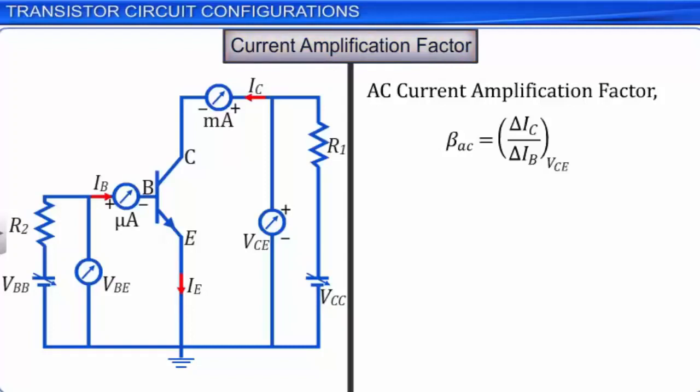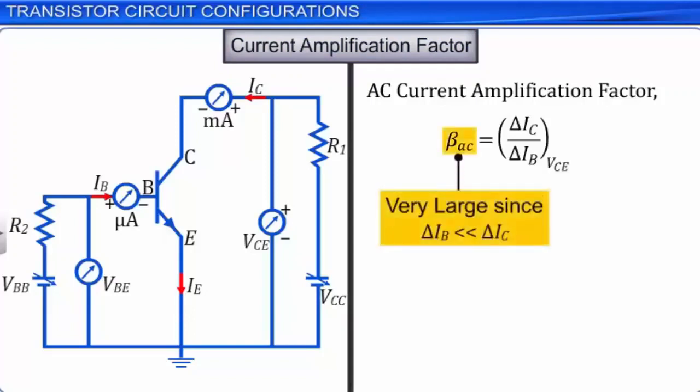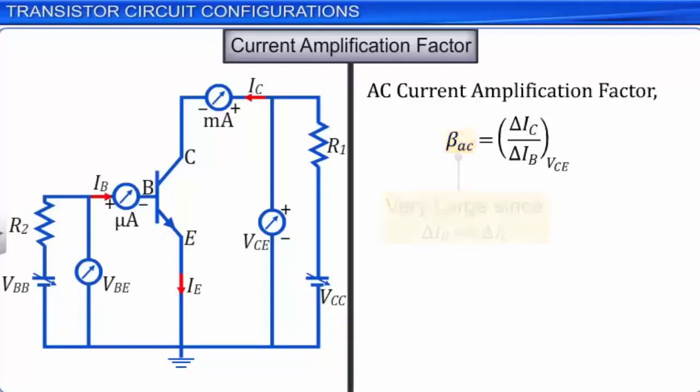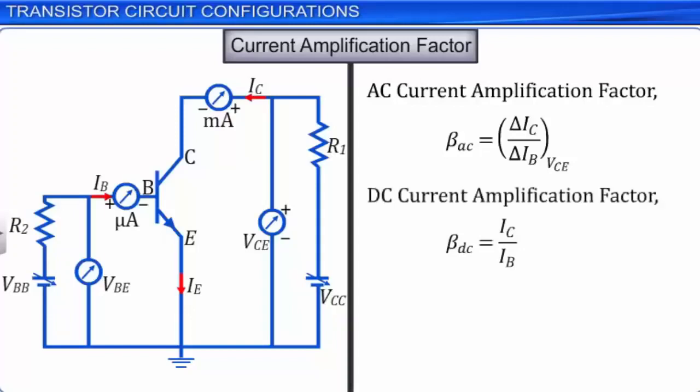Its value is very large since a large change in the collector current results in a very small change in the base current. The ratio between the absolute values of the collector current IC and the base current IB is called the DC current amplification factor. The values of the AC current amplification factor and the DC current amplification factor are almost equal.